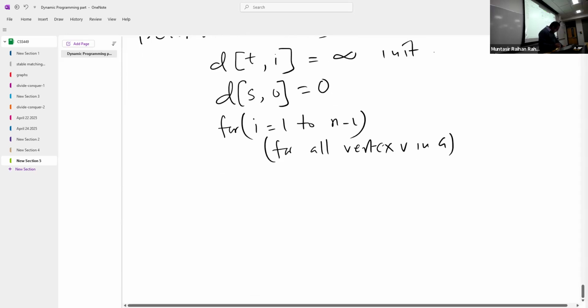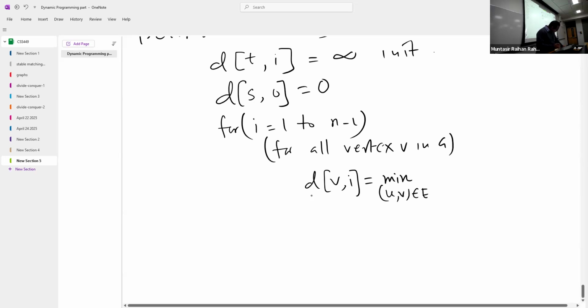So basically, d of v for that vertex v with hop count i is going to be the minimum over all neighbors u to v.